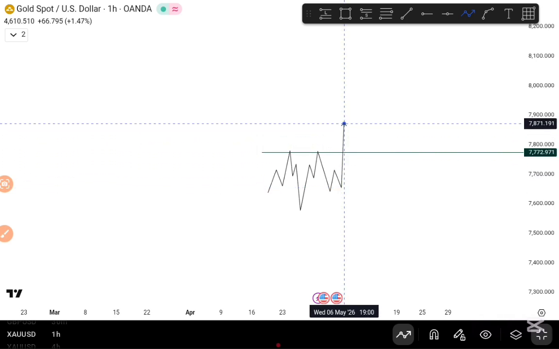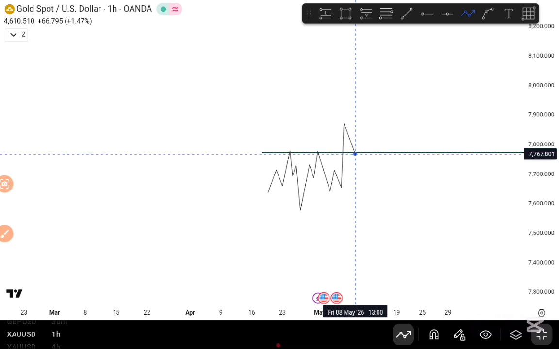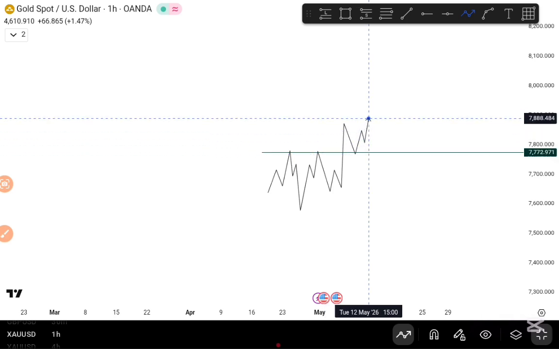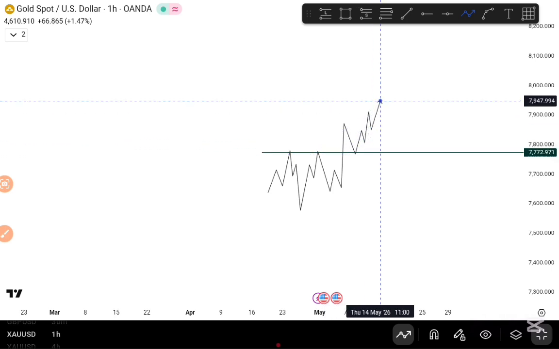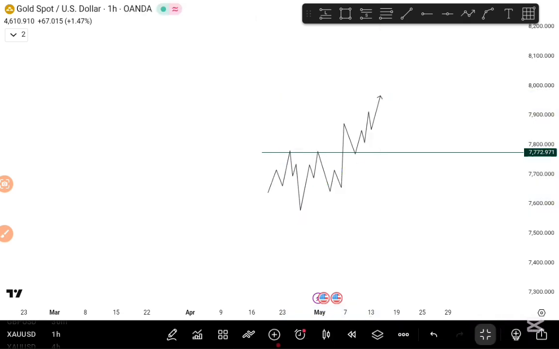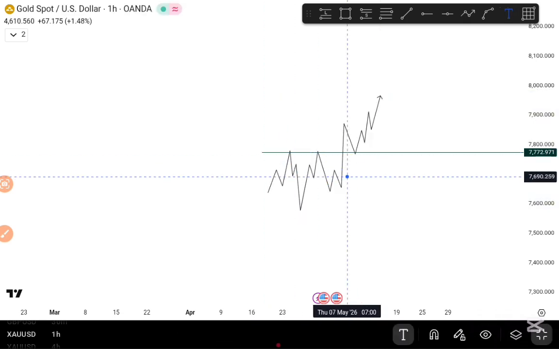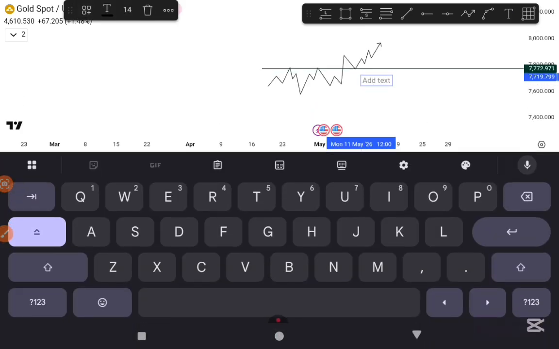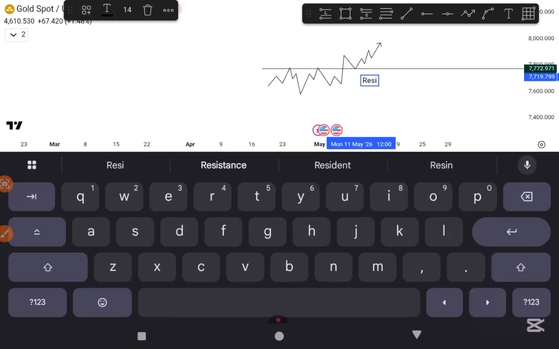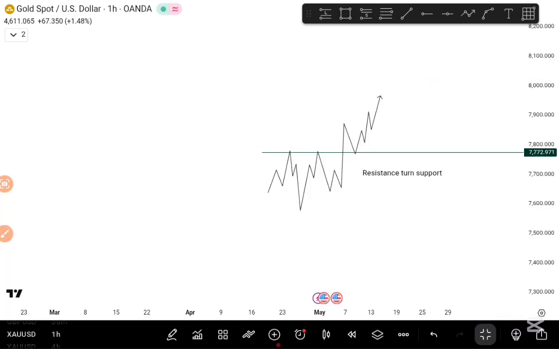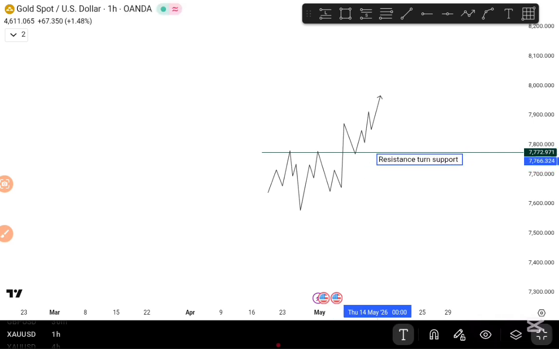The market came back to retest this point and started buying all the way to the upside. So a resistance turns support. This is a resistance that later became a support level.